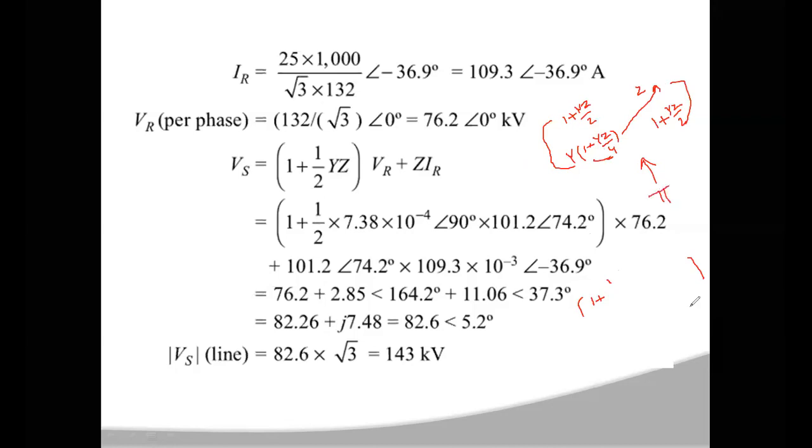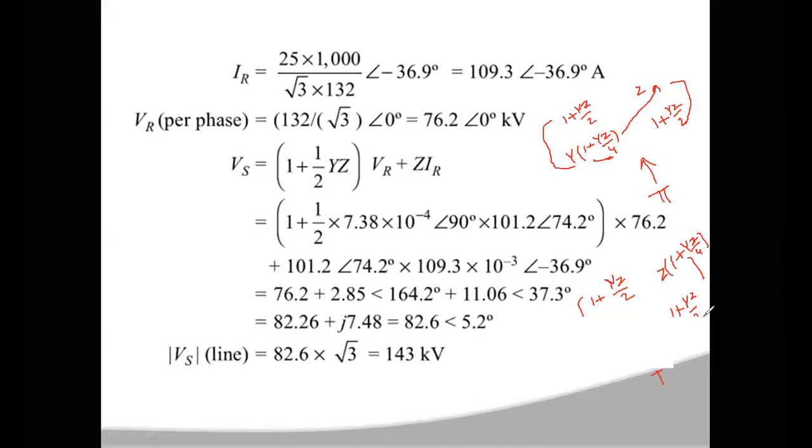For the nominal T method, you will have 1 plus YZ by 2, and then Z into 1 plus YZ by 4, and here you will have only Y, and here again 1 plus YZ by 2.